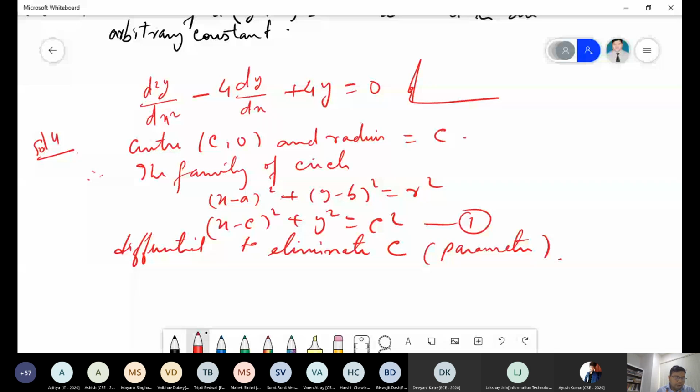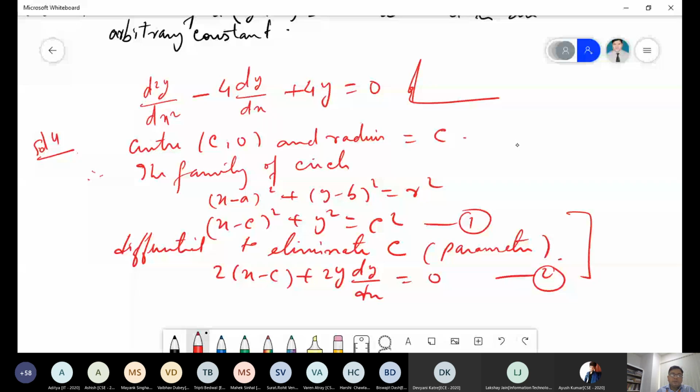Using 1 and also 2, when you differentiate the equation, this will be equal to 2 into (x minus c) plus 2y dy by dx equal to 0. So taking these two equations, you have to eliminate c.